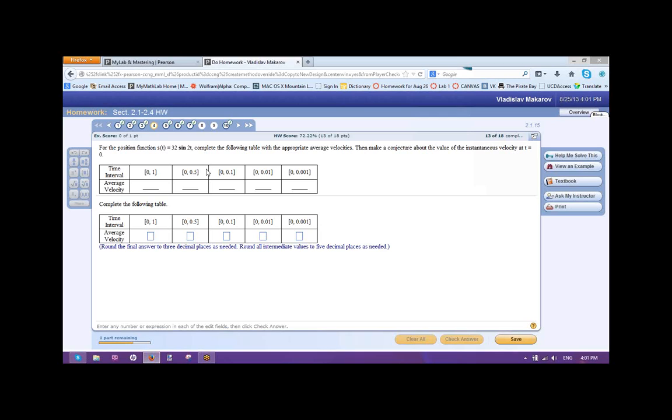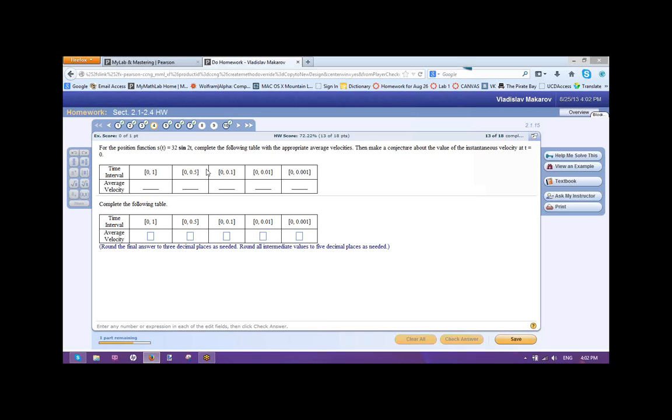Average velocity? We were using a formula for average velocity. It was a different function, but it was a position function. The way we figured average velocity was we took S of b minus S of a all over b minus a. So we want to do the same thing here.